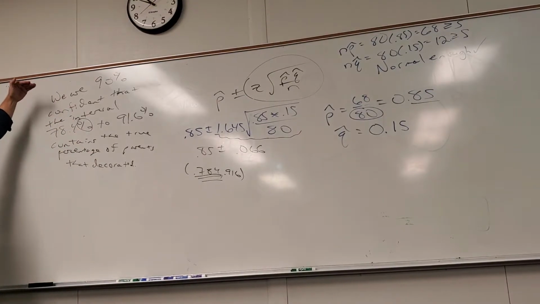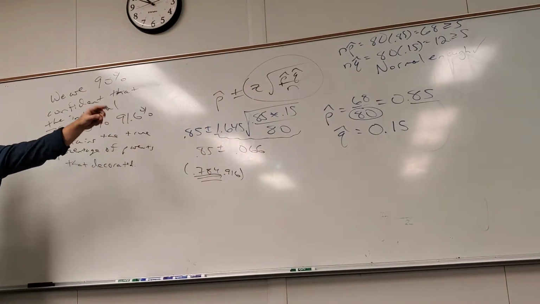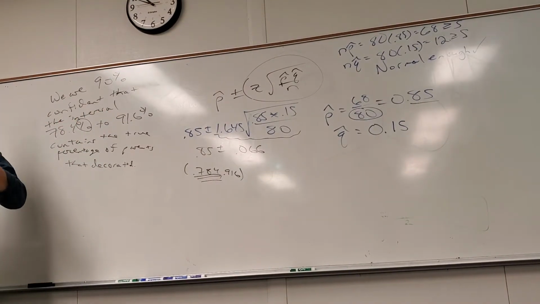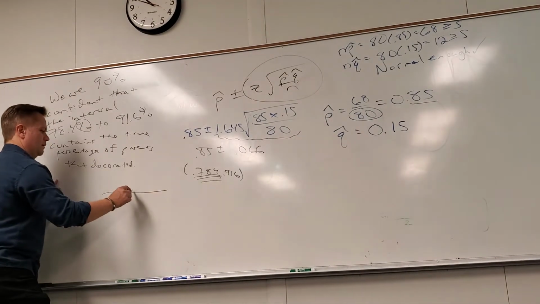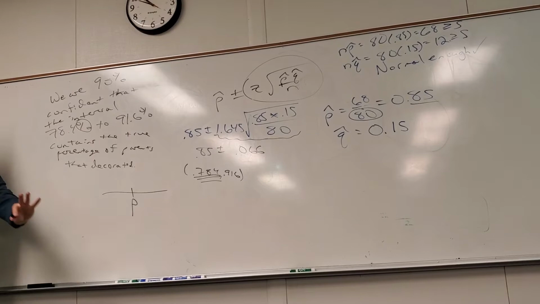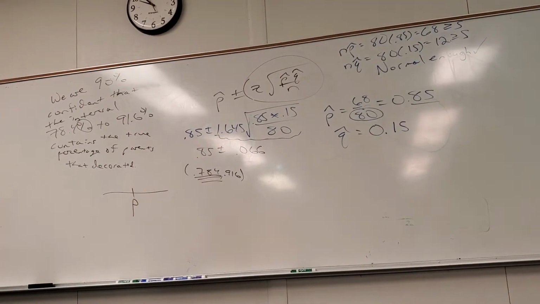If you say we're 90% confident that the true percentage is between these two things, you're wrong. Just because. No, it's because of this. The true percentage is something, right? What's the percentage of parents that have decorated? There is a number that is the percentage of parents that have decorated. Everybody agree with me, right? That wasn't a command, it was more of a question.